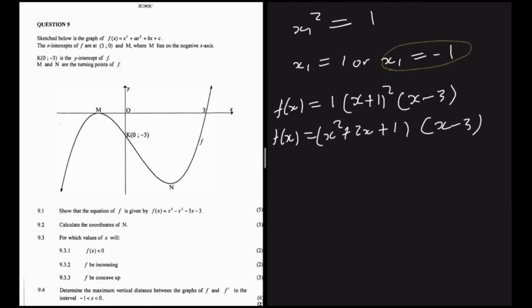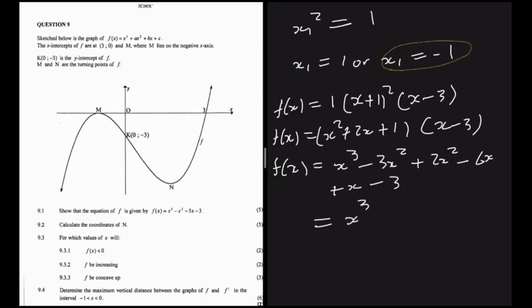And then if we multiply that out, we're going to get f of x equals x cubed minus 3x squared plus 2x squared minus 6x plus x minus 3.